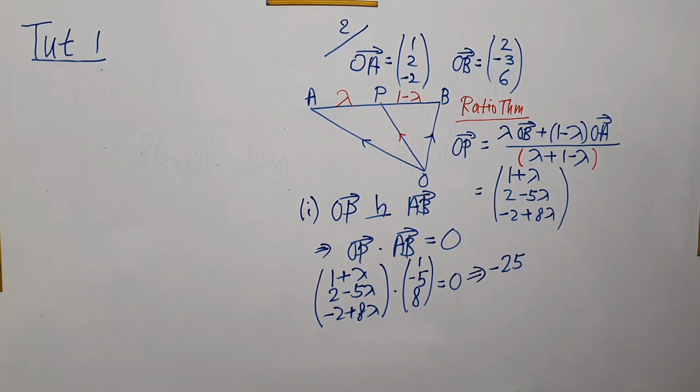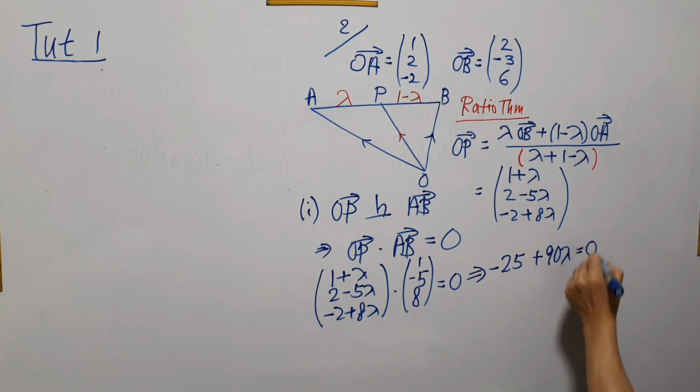Then I'll do the lambda. 1 plus 25, 26, 26 plus 64. I get a value of 90. So I get 90 lambda equals 0.